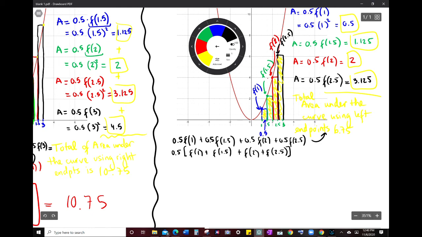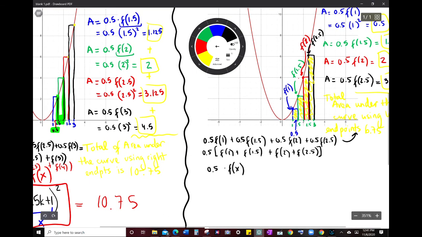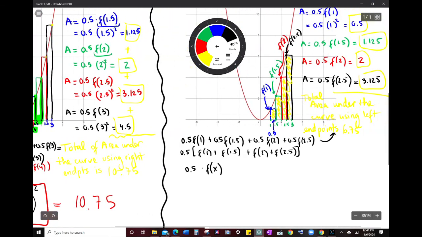Alright. Okay, so based on this, I can come up with the rule, which is 0.5 times f of x, but the x will be from the interval of 1 and 3.